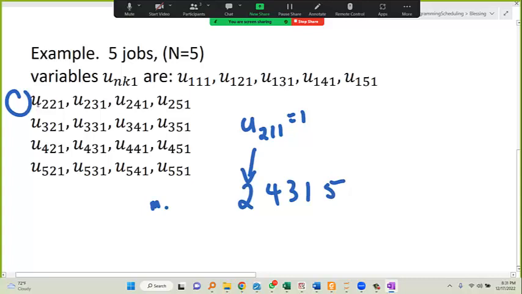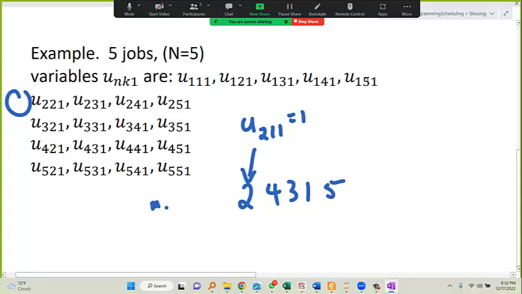No, we skipped that. It has to be after U11, you have U211. You see, here you have job 1 can be in position 1, position 2, position 3, position 4, or position 5.